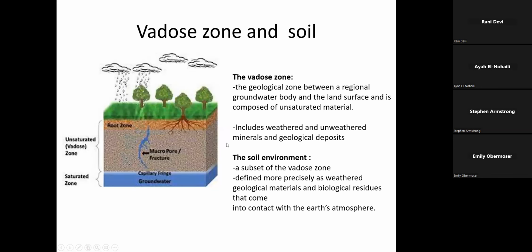So the soil fits into this zone. It includes the root zone of the plants, and also it's down to the groundwater underneath the soil. I will keep referring to the campus because I also teach soils in agriculture, and that's what we're really interested in.